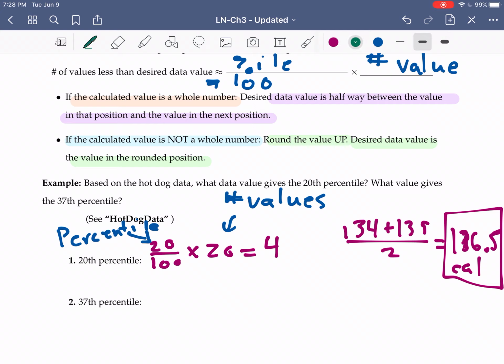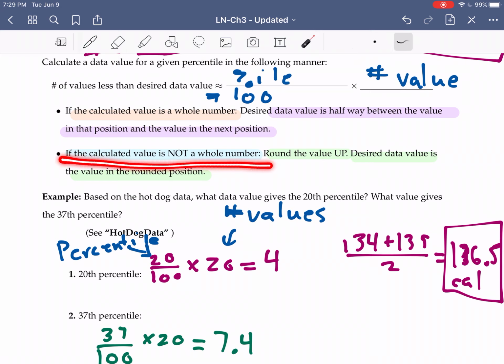To get the 37th percentile, we take 37 over 100, multiply it by 20, because again, 20 is the number of data values. When we do this, we end up getting 7.4.